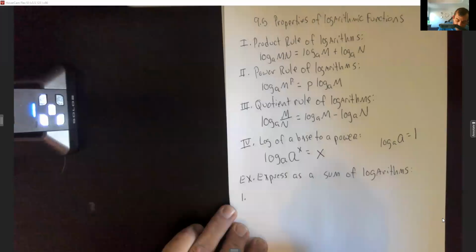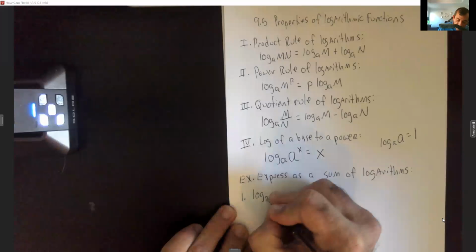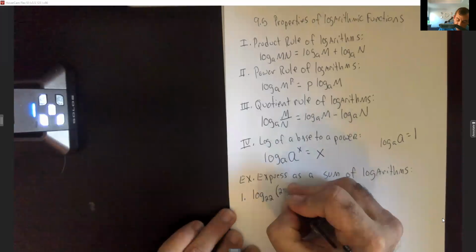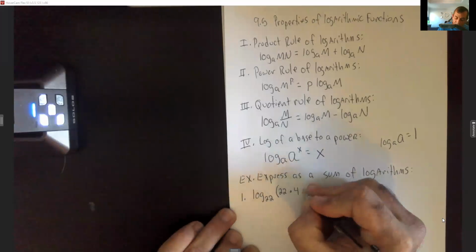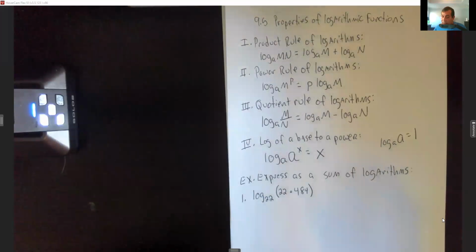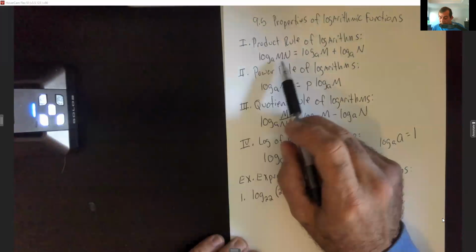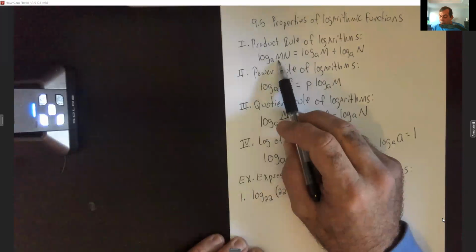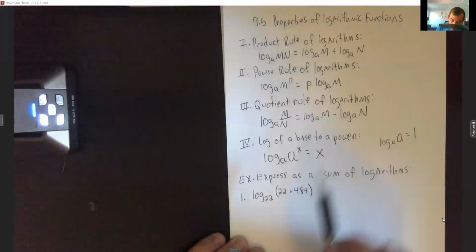So the first one, I got a log base 22 of 22 times 484. Now, they don't want us to evaluate these. They just want me to rewrite this as a sum. And notice up here that the sum is rewritten using both of the factors. So I got two factors here.